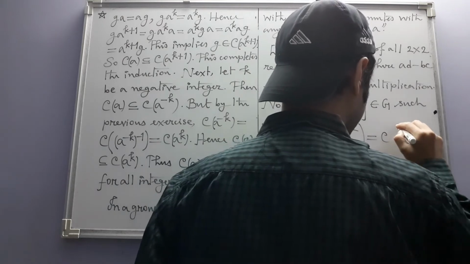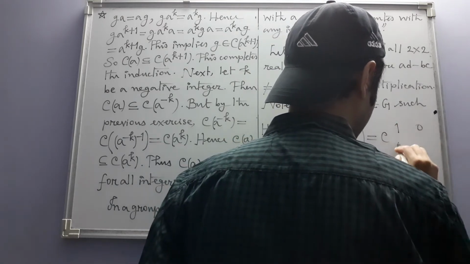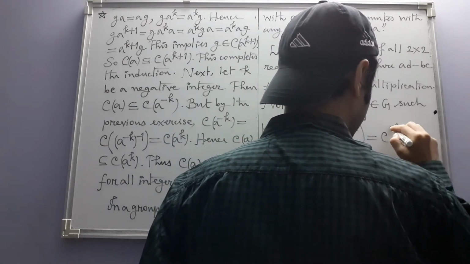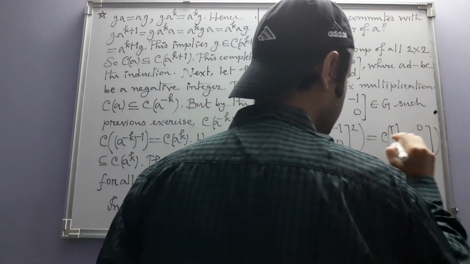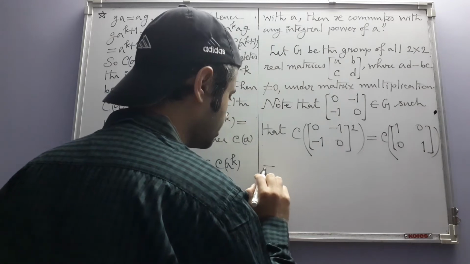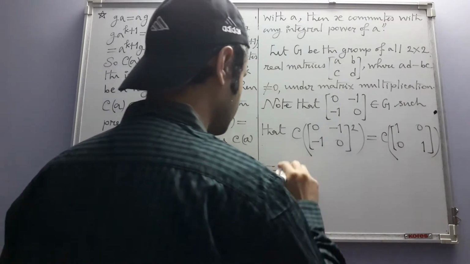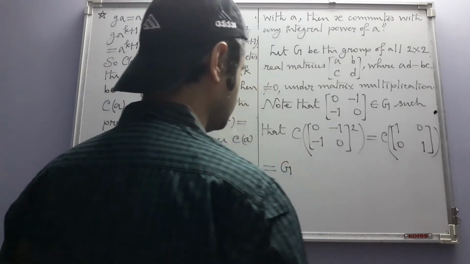You can calculate and see that this is the case. And so, because this is the identity matrix, every matrix commutes with the identity matrix, so this is equal to G.